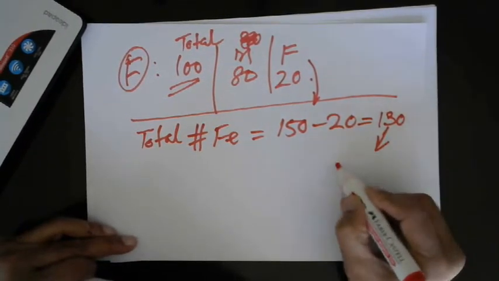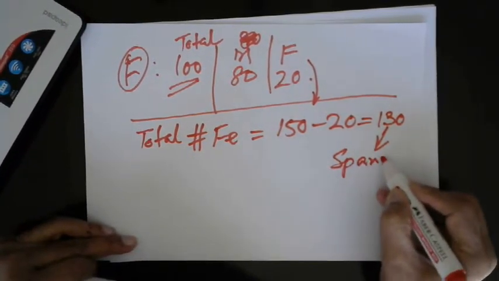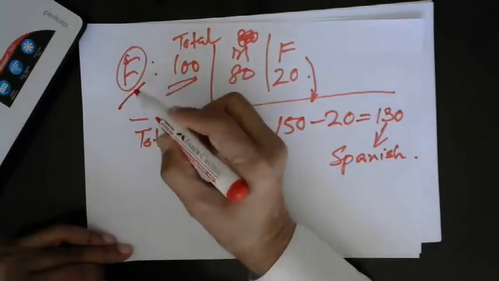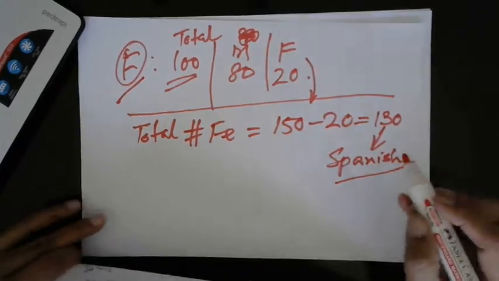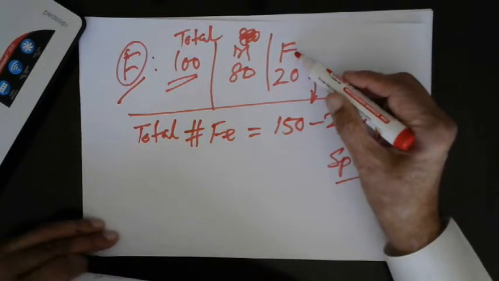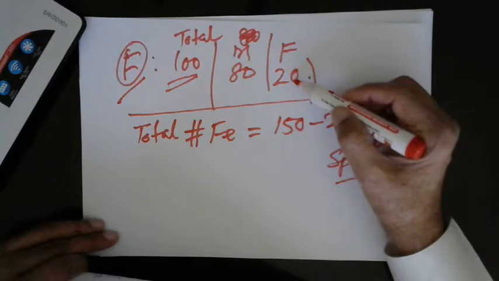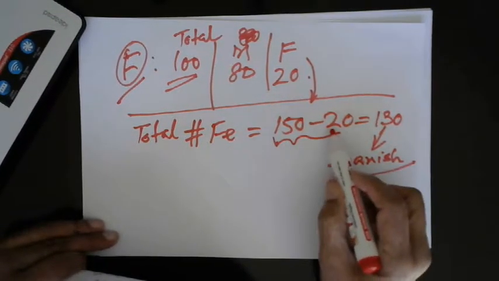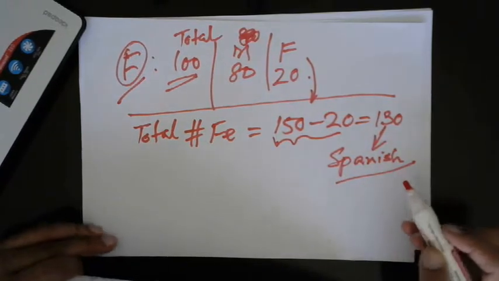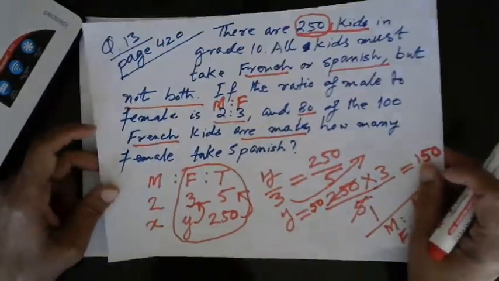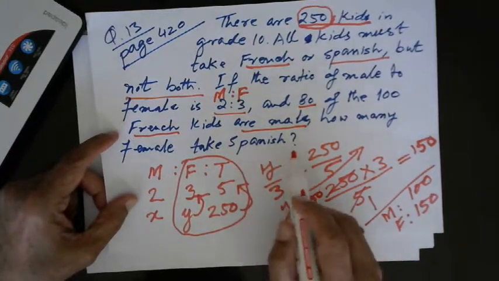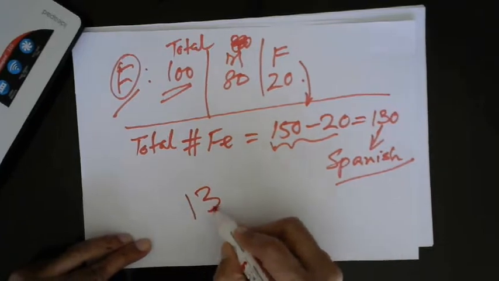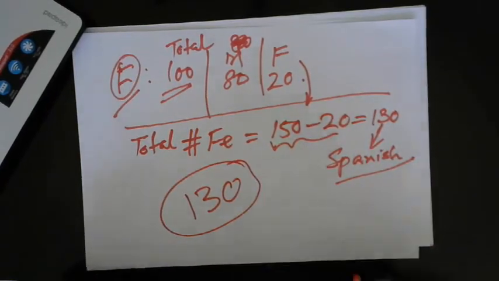And they must be taking Spanish because the students either take French or Spanish. So we have found the number of females who are taking French, and it is 20. Therefore, the rest of the females, that is 150 minus 20, they are taking Spanish. So I believe you were supposed to know this. Female take Spanish. What is the answer? The answer is 130. I hope it is clear.